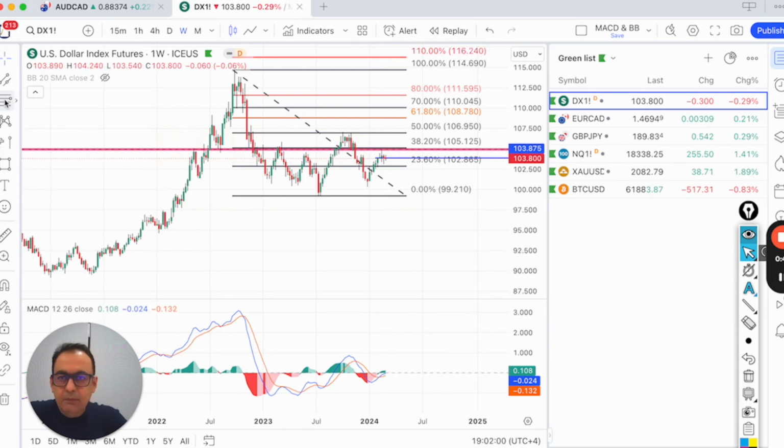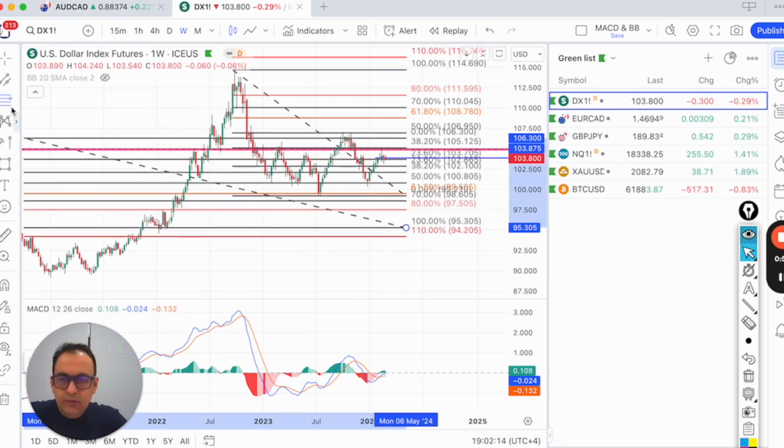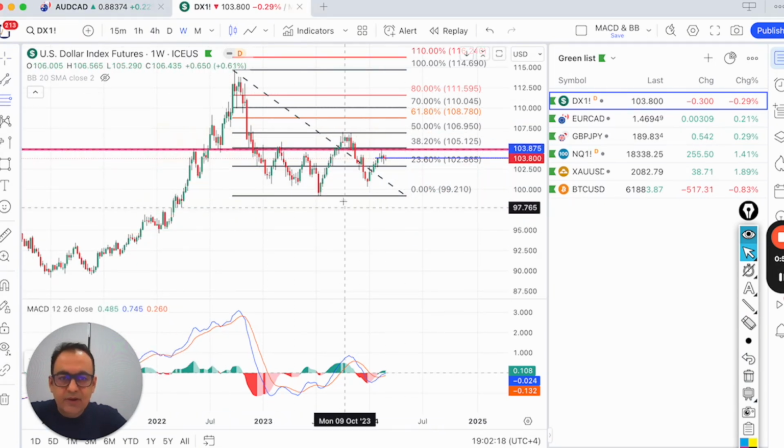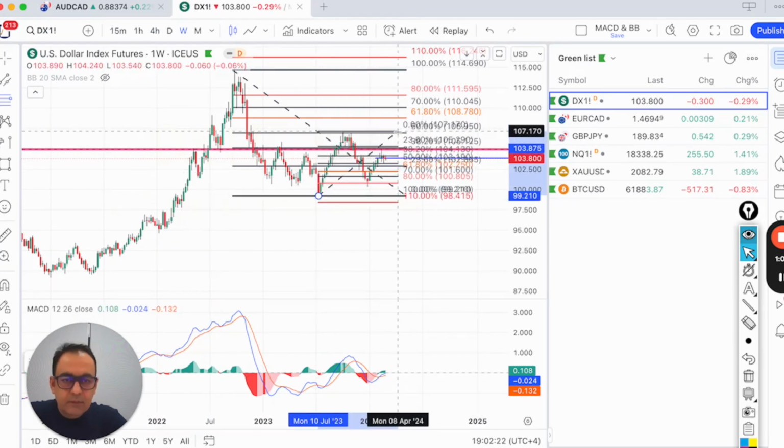Now if I apply Fib starting from low to this high, because we had divergence and dollar index created a higher high, I'm going to mark the retracement. Give me a second. I'm going to mark the retracement from the lowest to the new high created.